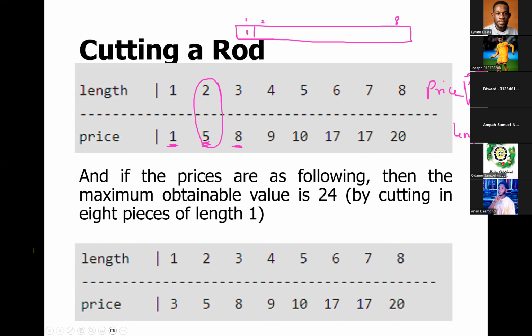A rod of length 2 will give you a price of 5. And then a rod of length 6 will give you a price of 17. Are you following? Yes, sir. So 5 plus 17 is 22, right? Yes, sir. Okay.